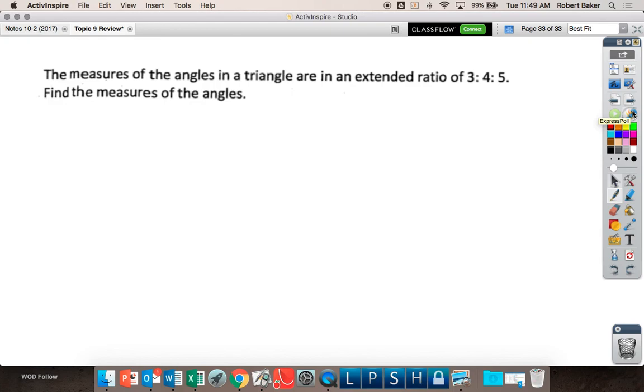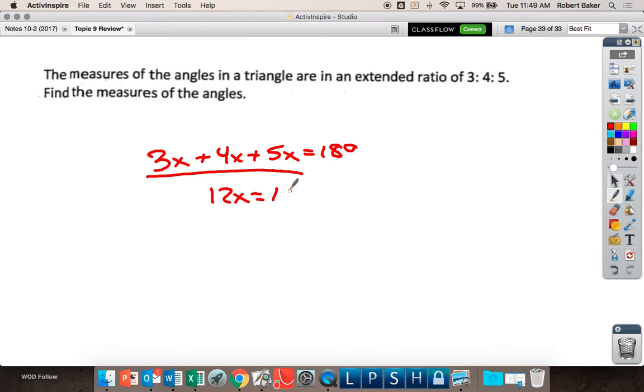They're an extended proportion, 3 to 4 to 5. All the angles, 3x and 4x and 5x, add up to 180. We've done this question before. If you add all these together, you get 12 x's. X equals 15 when you divide.